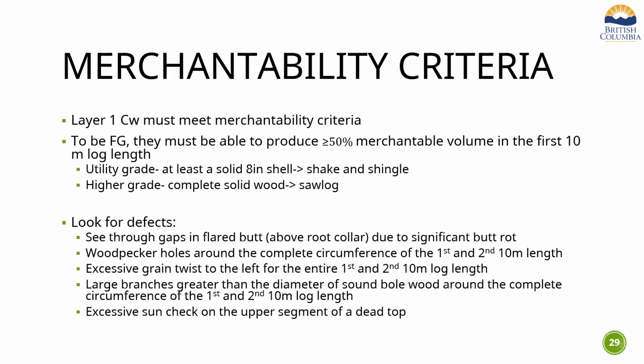That could be utility grade, which would mean a solid 8-inch shell, or a higher grade product like sawlogs if it's complete solid wood. Now, this can be hard to tell if you've never cruised or worked in quality control before, so we do have a list of defects to help you gauge this. So I'd recommend pausing here, reading through the list, and then I'll show you some photo examples.